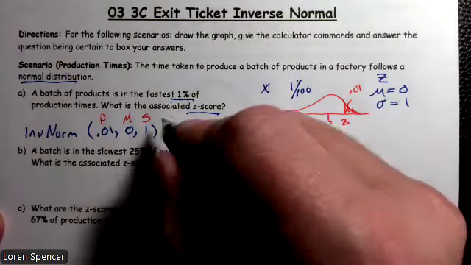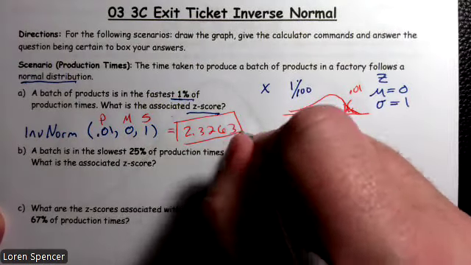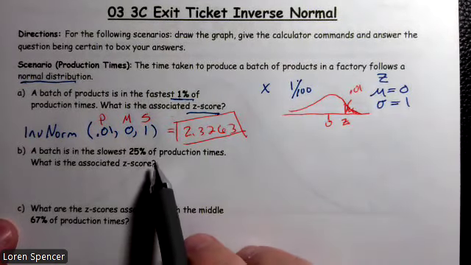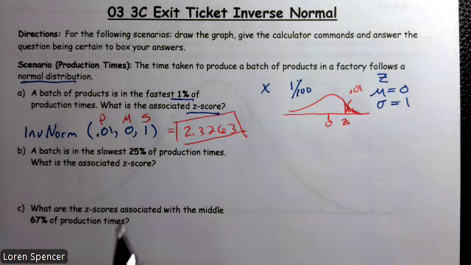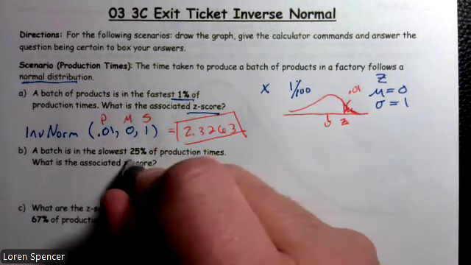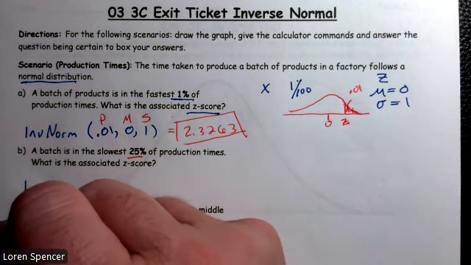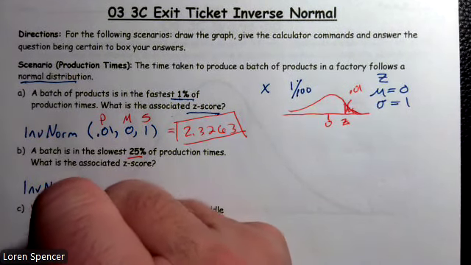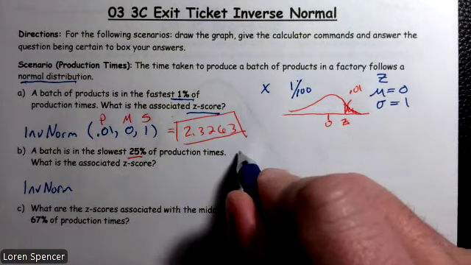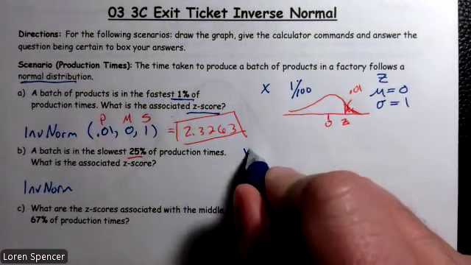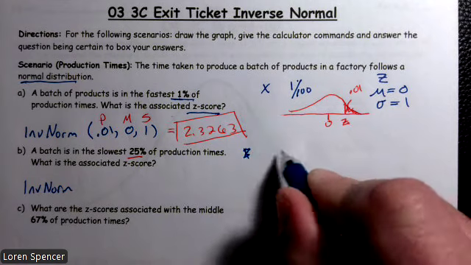All right, box our answers. That's our Z-score. We're done. A batch is in the slowest 25% of production times. What's the associated Z-score? Once again, they gave me a percent, so that lets me know that I'm working with an inverse norm. And remember, we always put in X, and this is the slowest 25%.